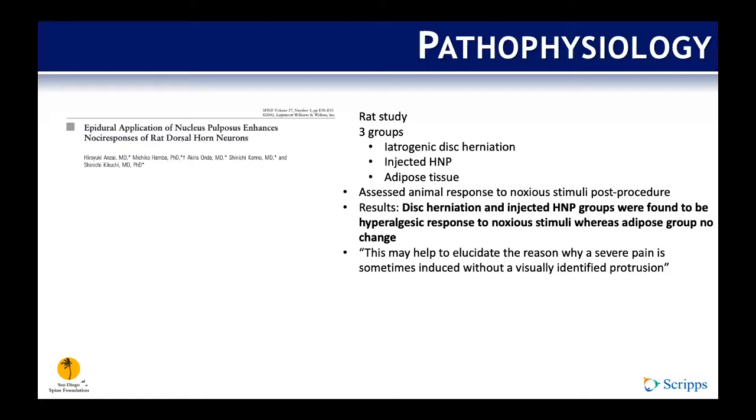And then they looked at the animal responses to painful stimuli afterwards. And their results showed that mechanical stimulation of the nerves was not sufficient on its own, but instead there needed to be some sort of inflammation or response from disc herniation or the injected herniated disc material.